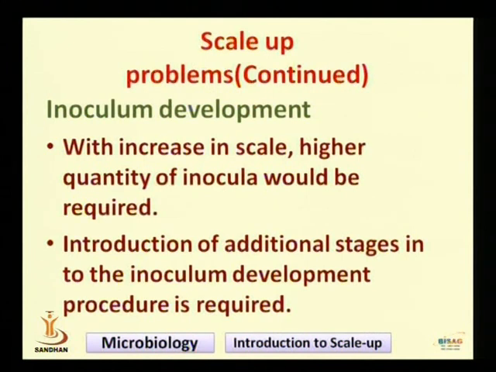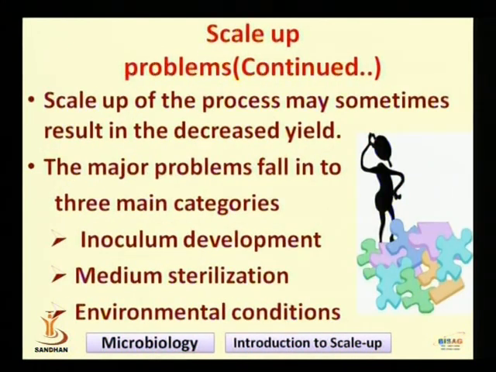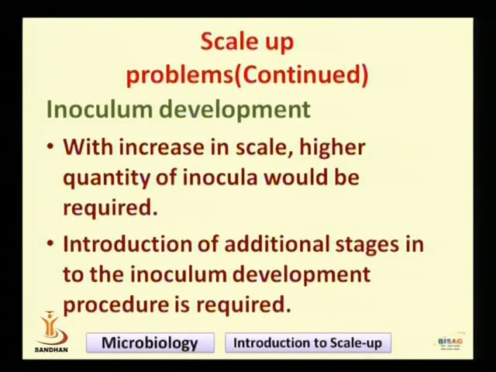So when the scale of the process changes, it would be necessary to reconsider the del factor, the unit that is being used for considering the sterilization of the medium, which has to be recalculated. And one more parameter is the environmental conditions, because when the scale changes, the organisms are exposed to a changed environment.